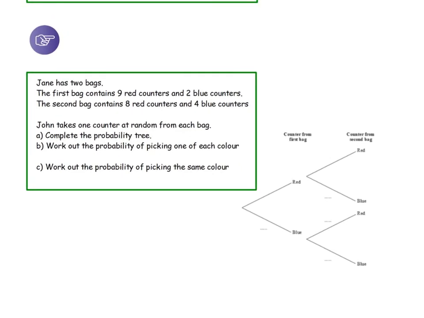And then this last question has a bit more to it. Again, complete the diagram and then the probability of picking each colour, and then for a tick, the probability of picking the same colour, so red, red or blue, blue. So pause the video.